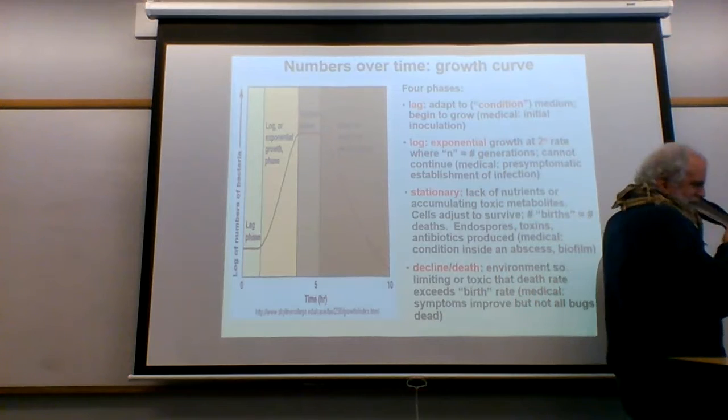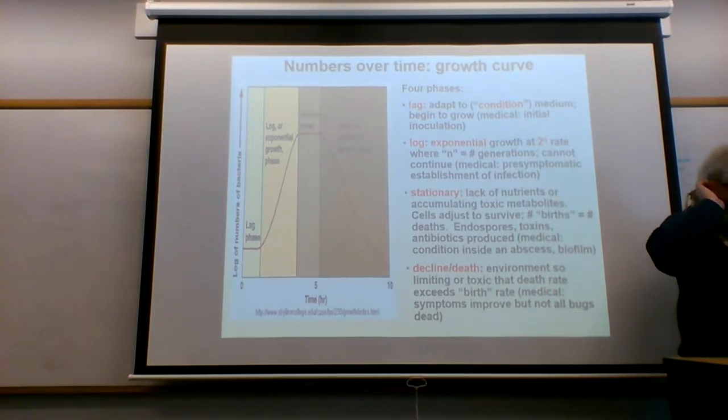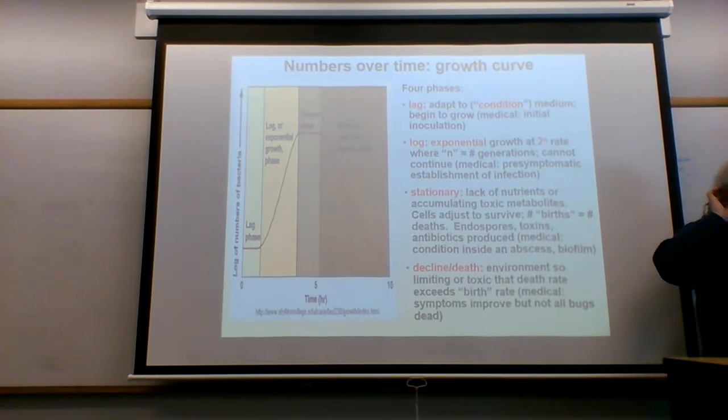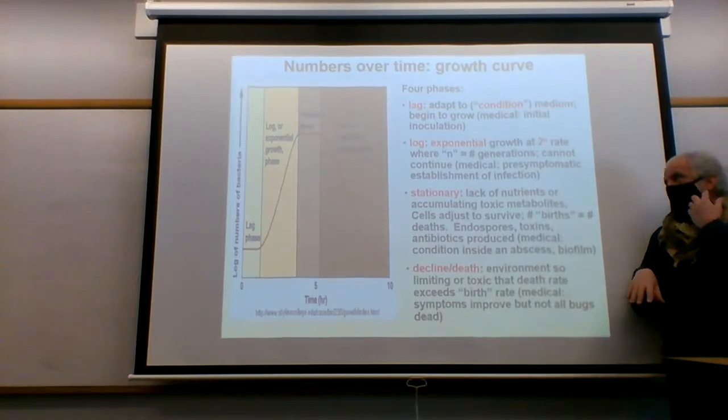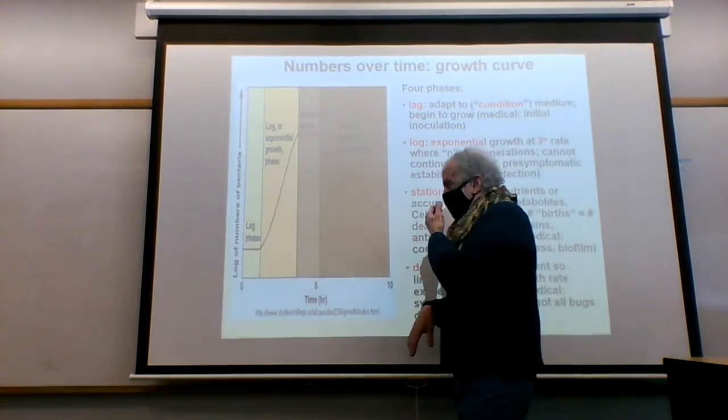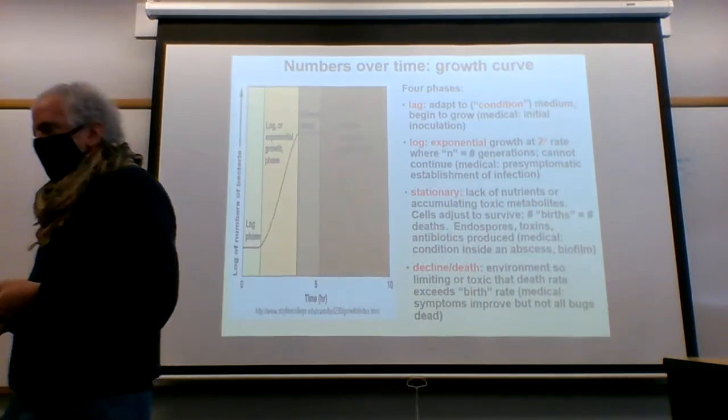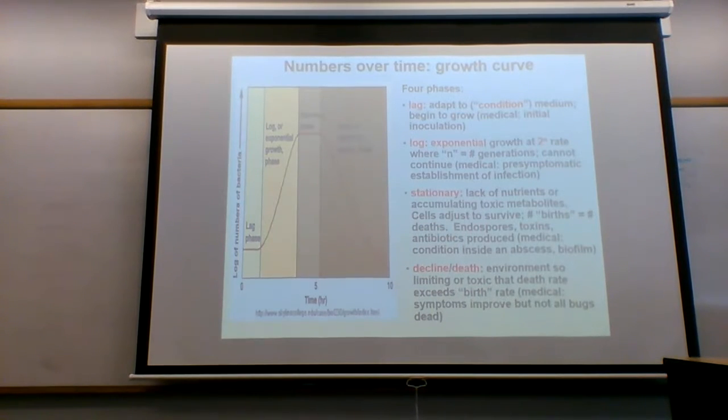When we are looking at the number of bacteria over time, we can develop this kind of curve. We have the initial phase, the lag phase, where you've got the initial infection, or the initial inoculation.